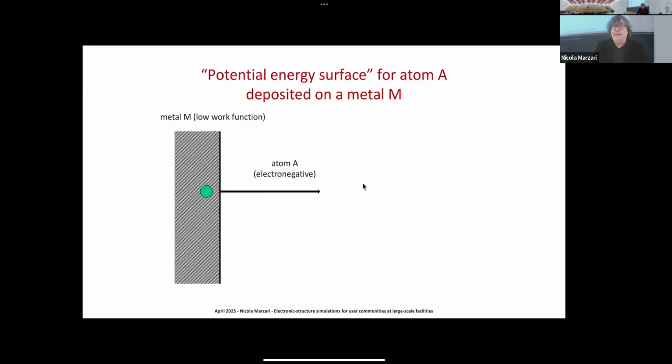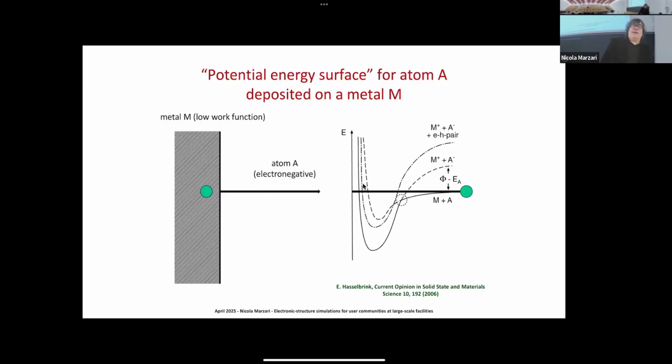So you see this. What I see is actually this. That is, as a function of the distance of the atom from the surface, the atom is going to feel a certain force and is going to have a certain energy.